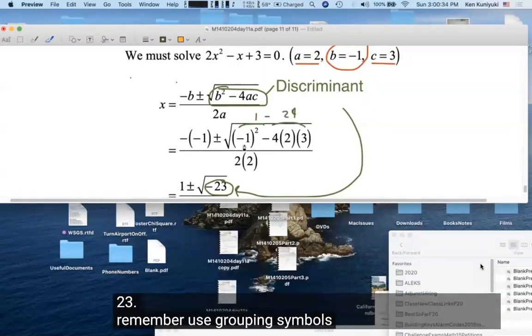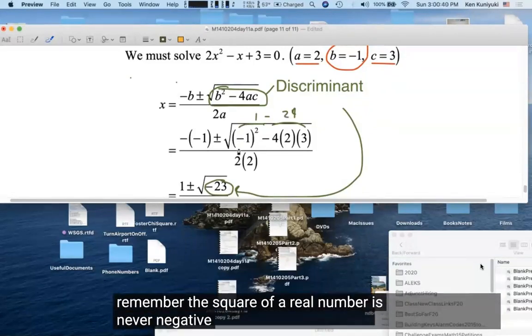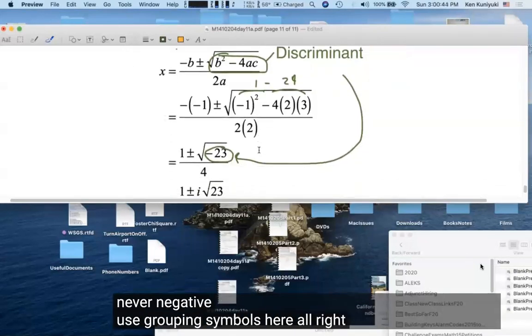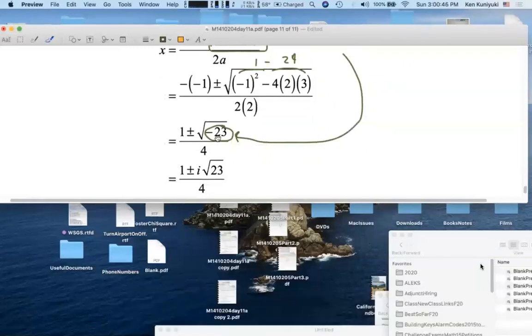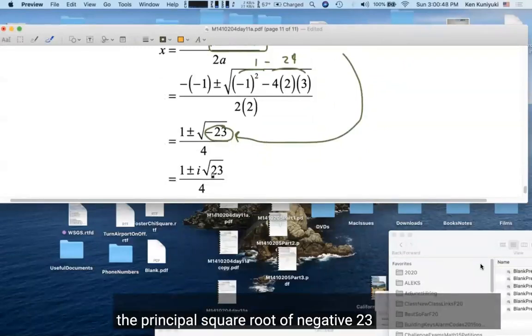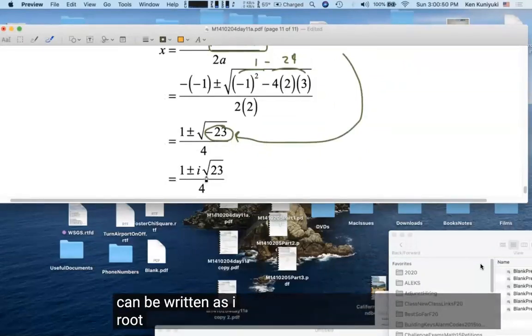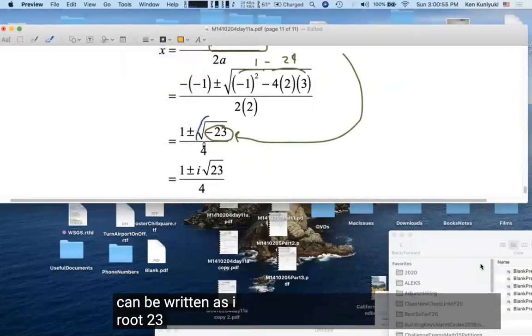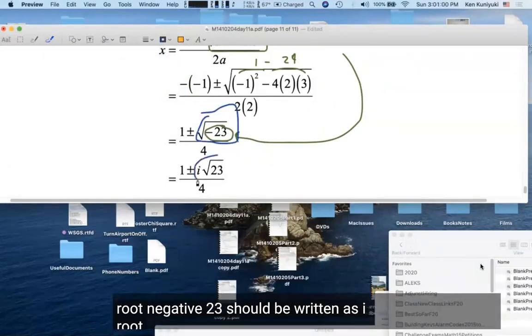Remember, use grouping symbols here. Remember, the square of a real number is never negative. All right. The principal square root of negative 23 can be written as i root 23.